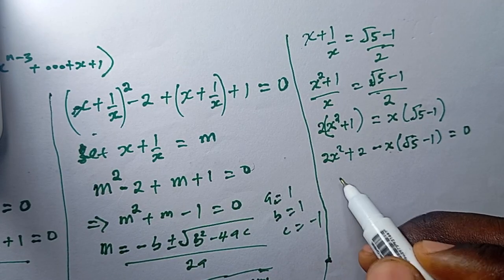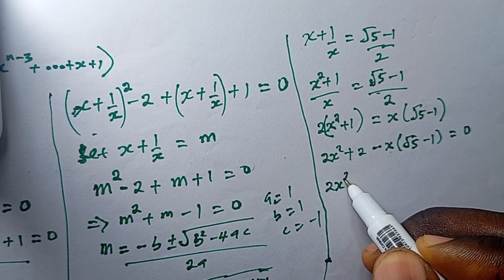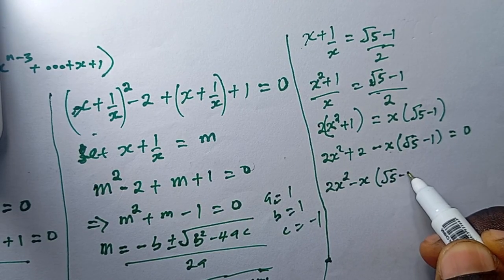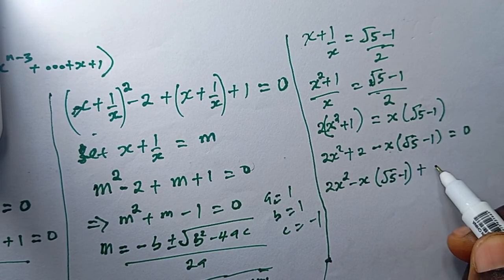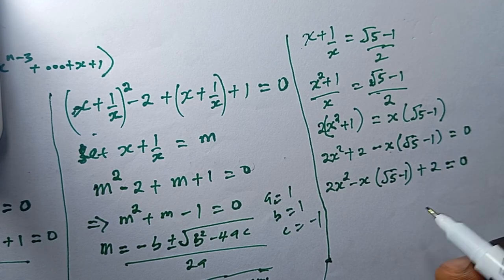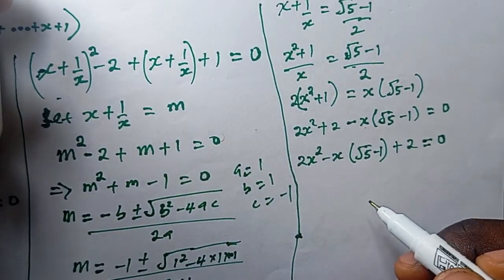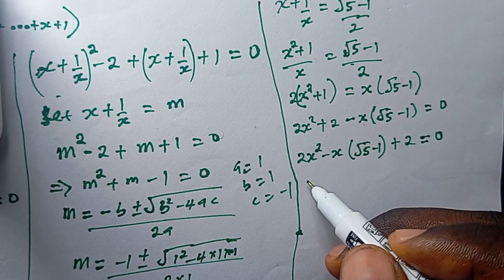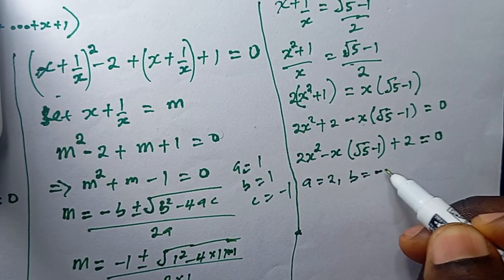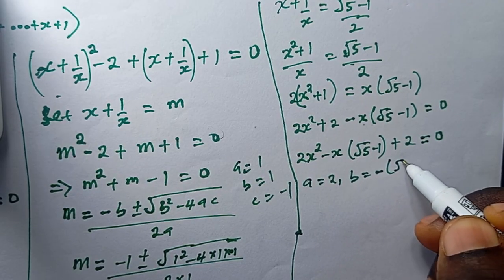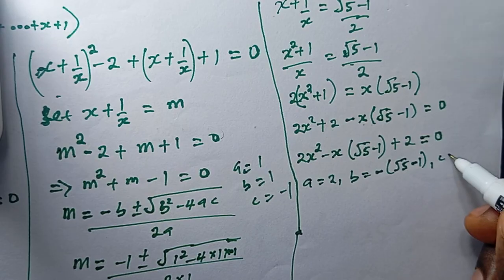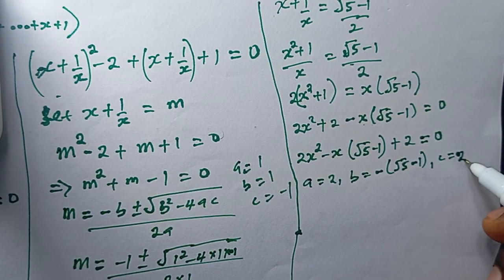So that eventually we have 2x squared minus x into root 5 minus 1, okay, plus 2 is equal to 0. So obviously you can see that we've got another quadratic equation where our a here is equal to 2, our b is equal to minus root 5 minus 1, and then our c is equal to 2.